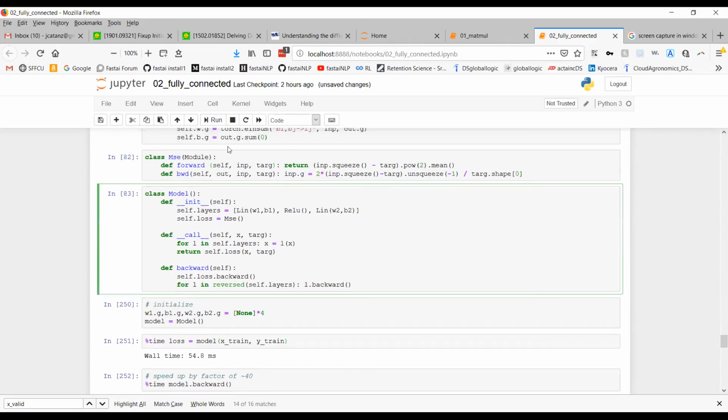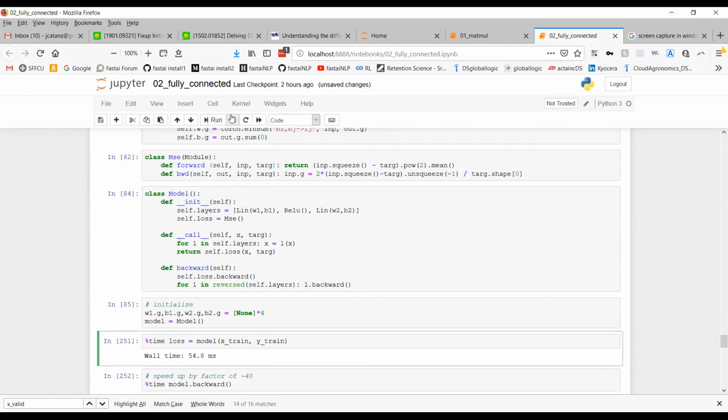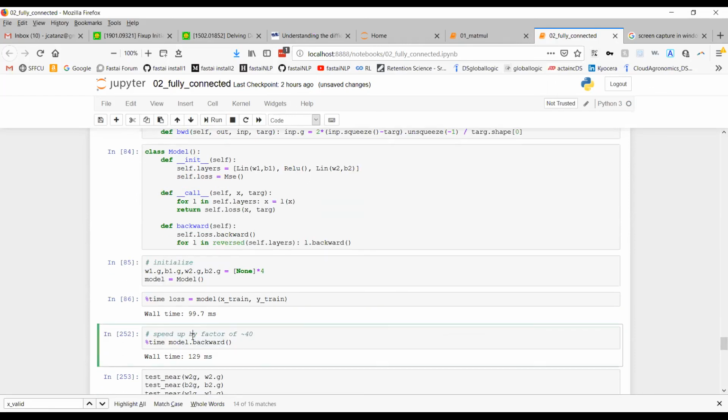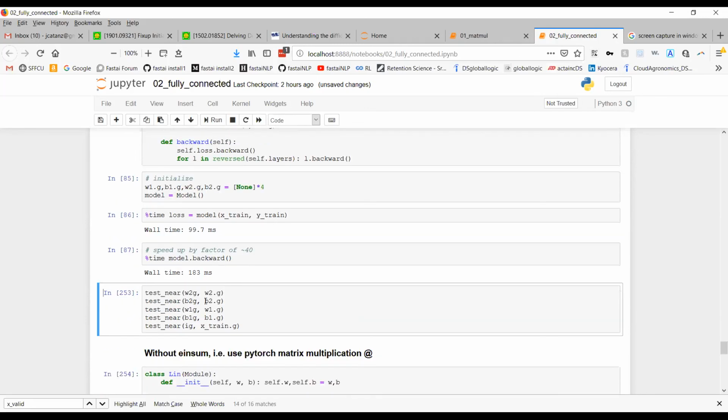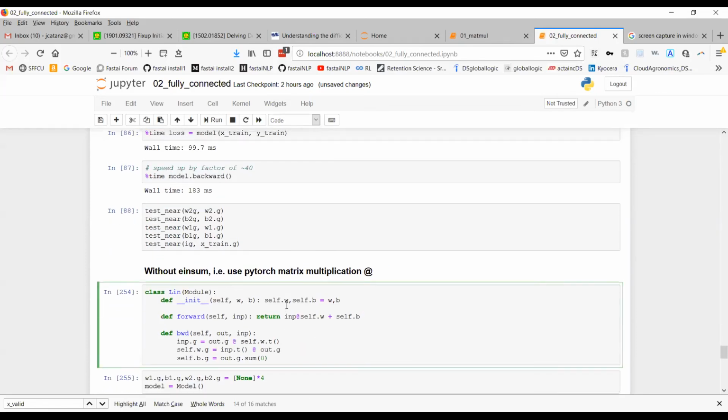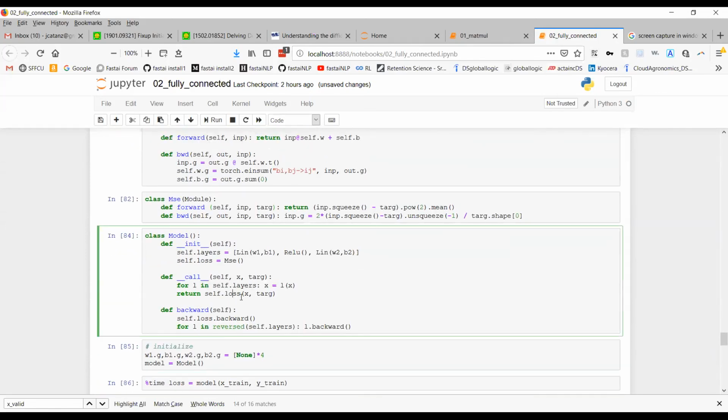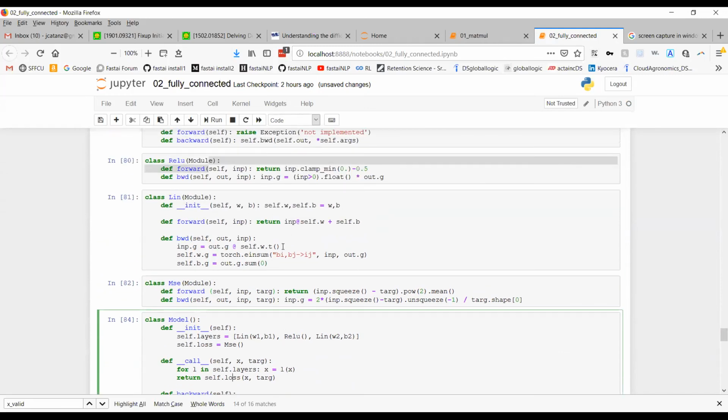Let's see. I think I ran this on this. The forward pass is about the same as before, but the backward pass is substantially faster. It's much faster, speed up by a factor of 40 according to my notes. Okay, then he goes one step further. In this pass, he uses einsum somewhere right here.